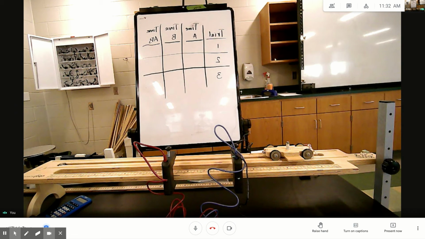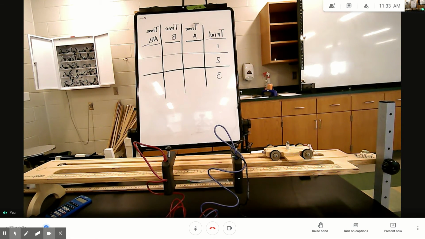That mass is 0.4265 kilograms. That is the mass of the CPO car with the string and the 100 gram mass on it. So I measured all those three things together and got 0.4265 kilograms.